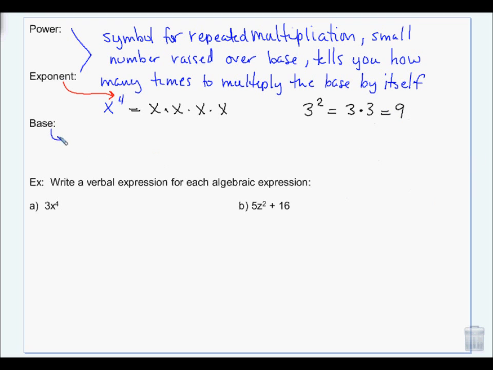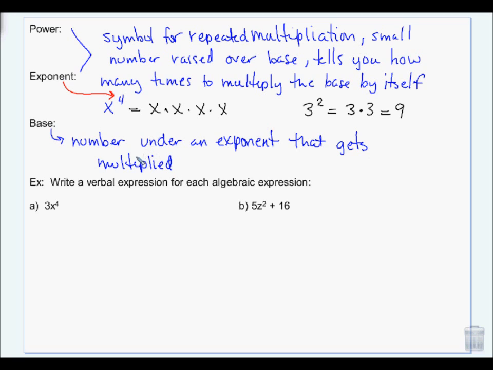Okay, the base is the number under an exponent that gets multiplied. Okay.